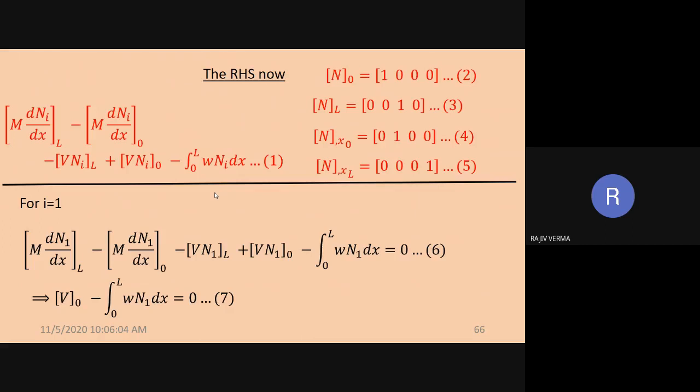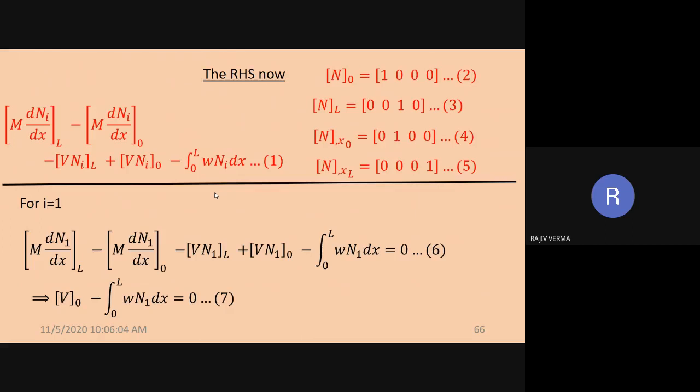For example, talking about the value of dn1 by dx at x equal to L, it is going to be found from equation number 5. So this is equation number 5, and the corresponding value is going to be 0. So the first term disappears.